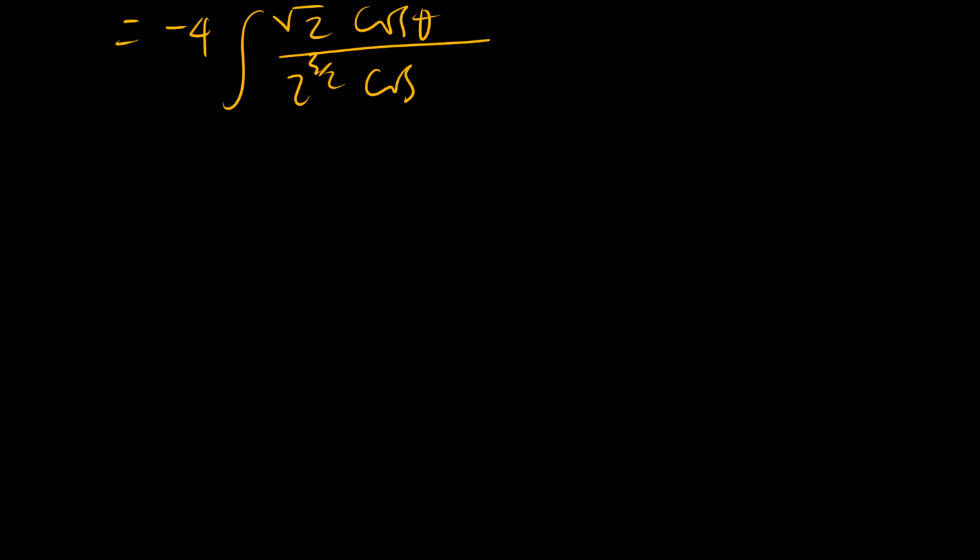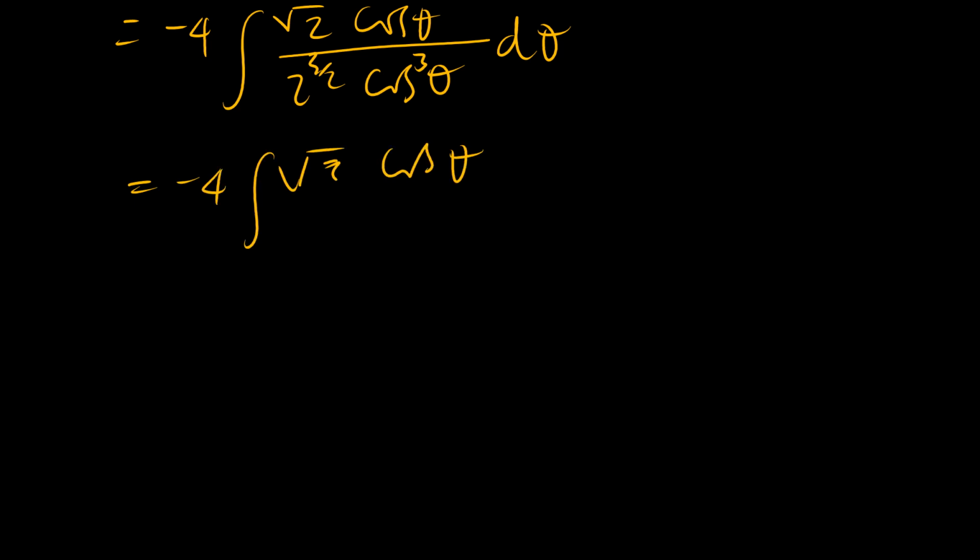cos squared theta to the power 3 over 2, which is just cos cubed theta. And so this is the same as 2 cos theta, this is 2 over 2 square root of 2.